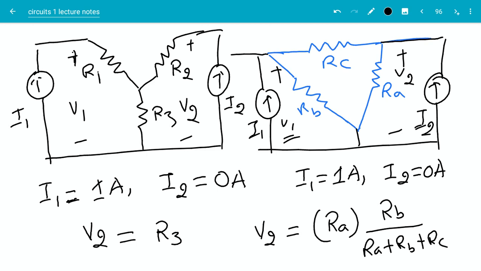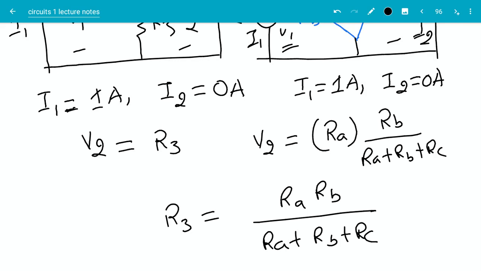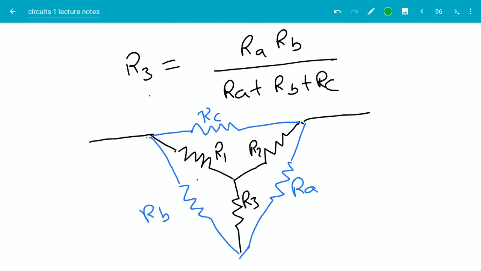Again, pause the video here and convince yourself that V2 will be given as such. And we also said the voltages should be same on the left and on the right. This means R3 should be equal to Ra Rb divided by Ra plus Rb plus Rc.